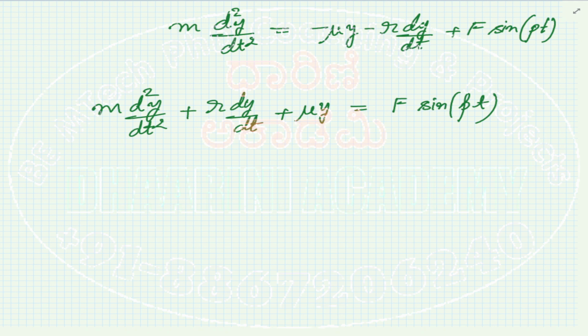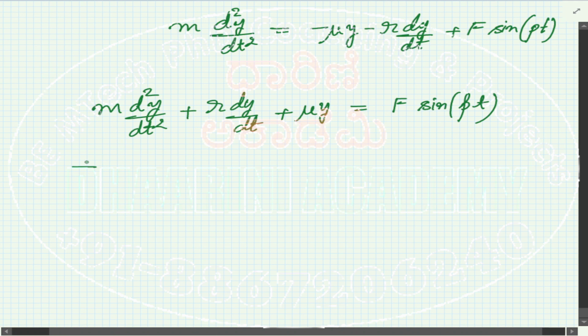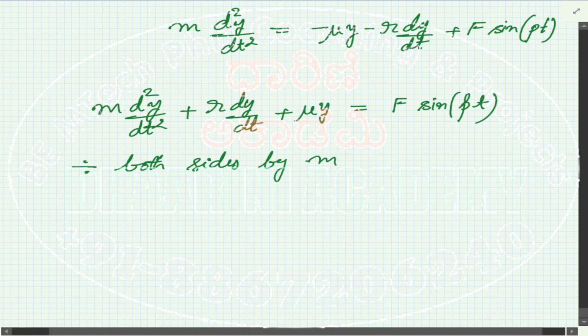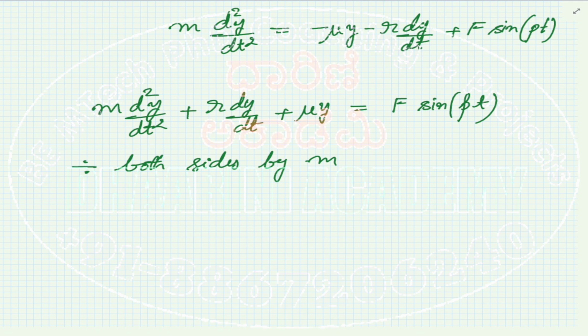Now let's divide both sides by m. The m cancels from the first term.